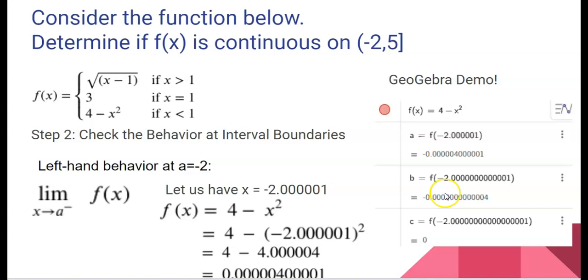Then we can have an x value of negative 2.000 with many zeros and 1, that is our y value, and another x value that is more closer, or that is very very close to negative 2 at the left, meaning less than negative 2. Then eventually GeoGebra will give an answer of 0.